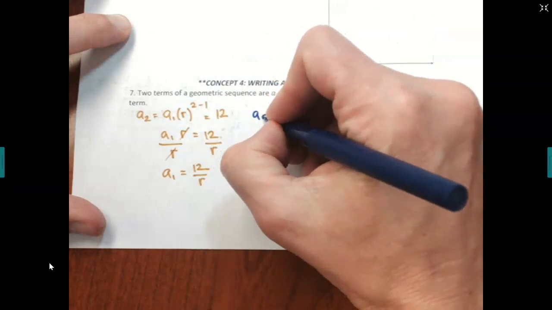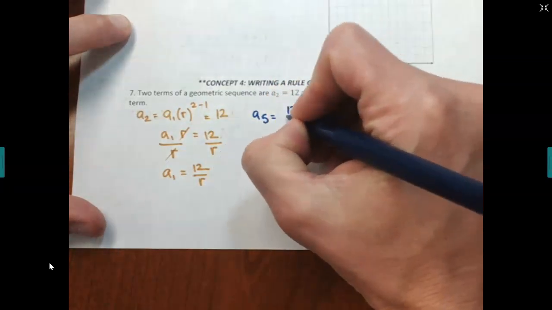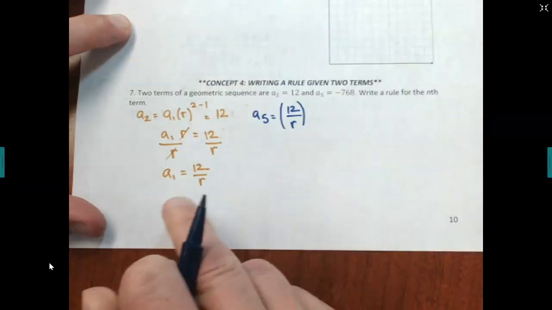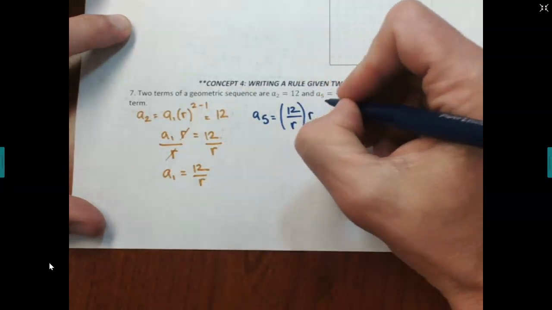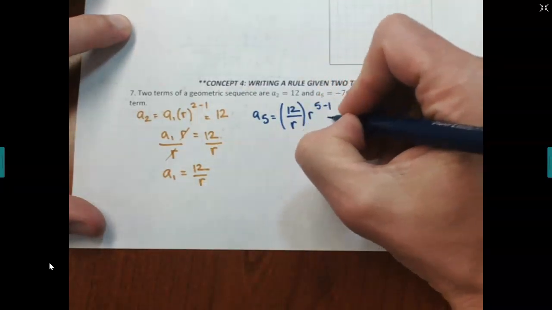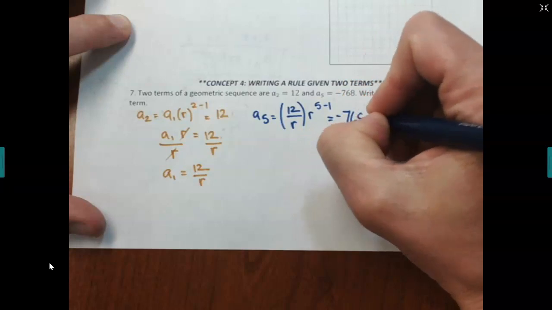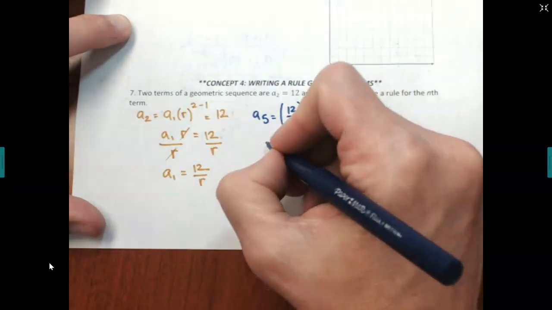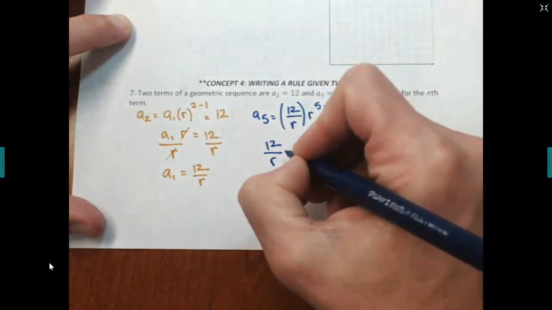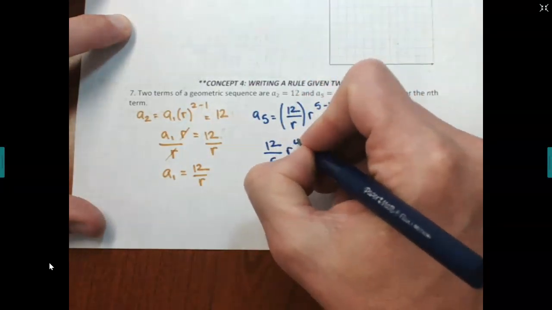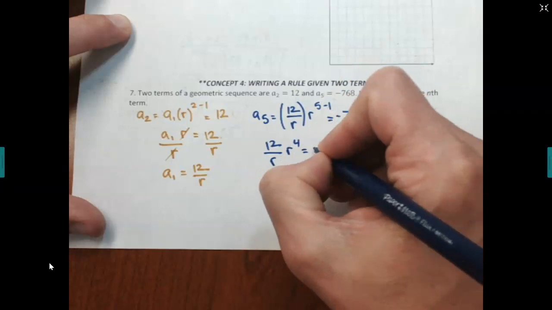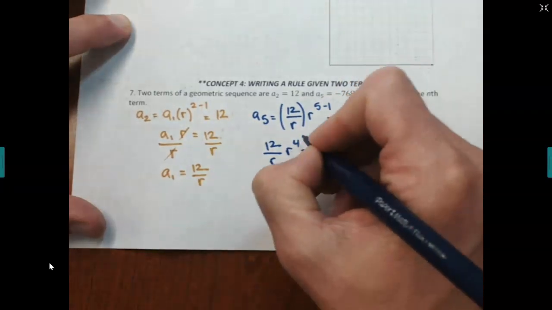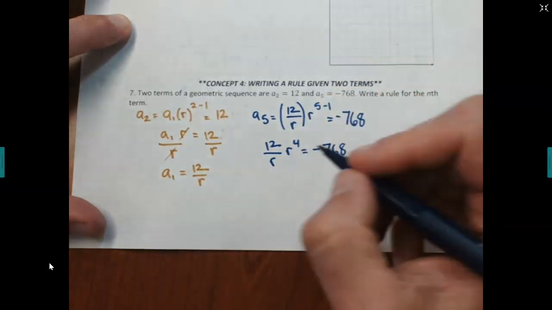So a sub 5 equals a sub 1, 12 over r, which we just solved for, times r to the 5 minus 1 power, equals negative 768. Alright, so simplify. 12 over r times r to the 4th power equals negative 768. When you divide like bases, you subtract your exponents.